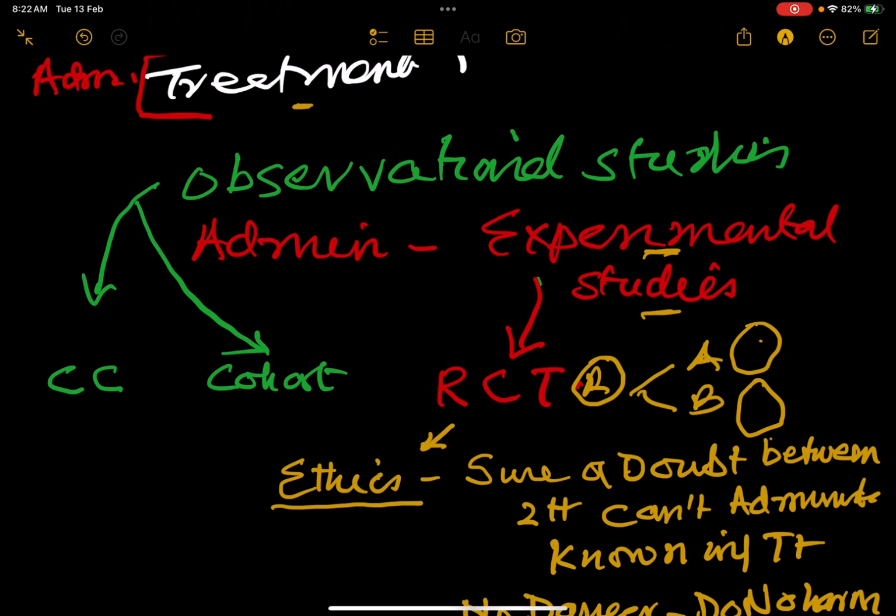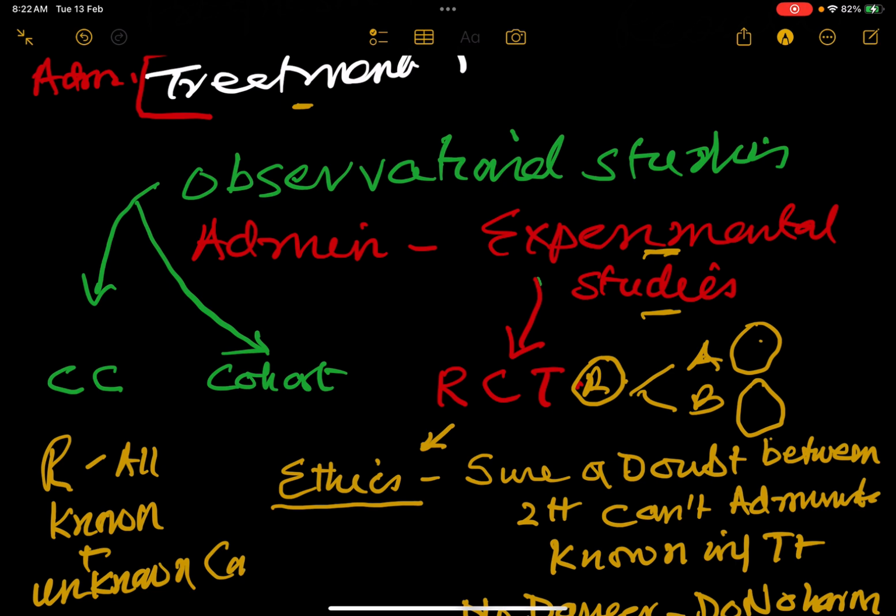So this random allocation is able to take care of all known and unknown confounders. That means other explanations of results. Therefore, it is the best type of study that you can do.